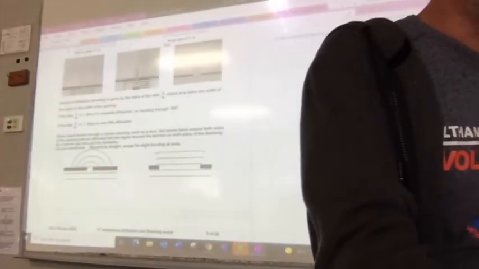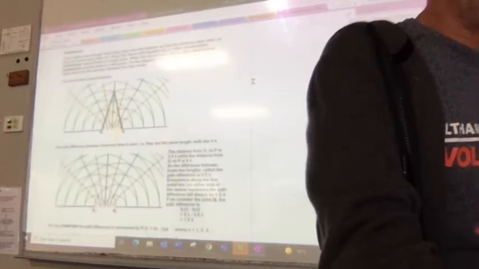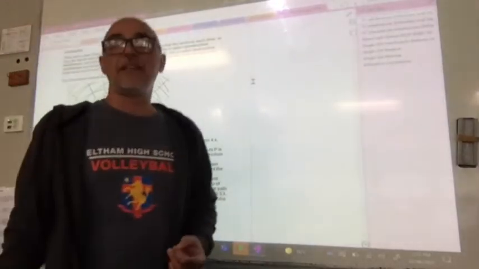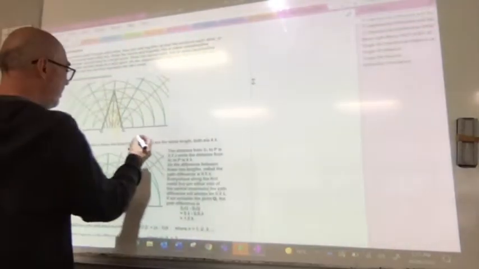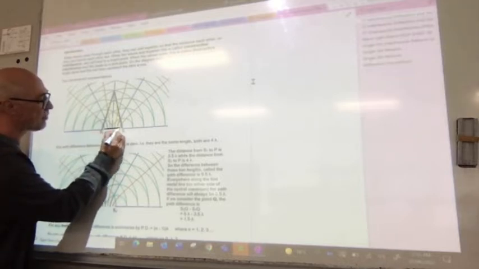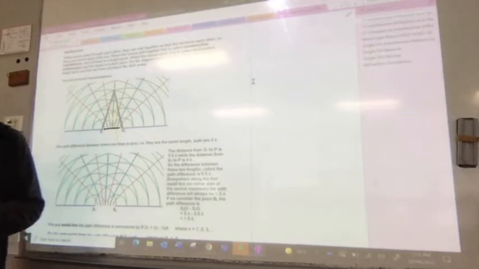Interference patterns, page 3. All right, so we also have interference, okay? The nicest version of interference is, remember we mentioned double slit interference the other day? This diagram doesn't show it very well.